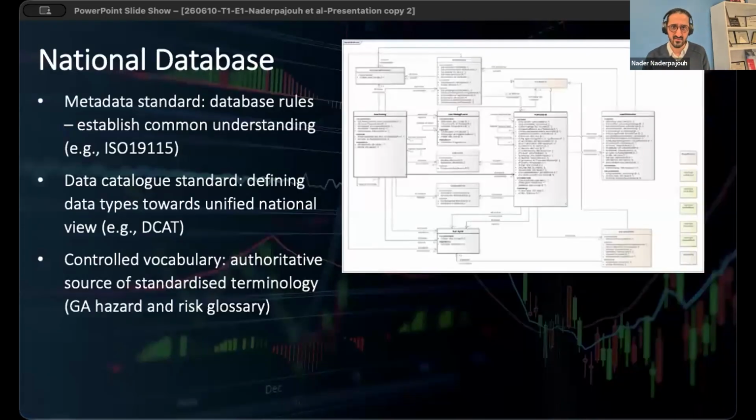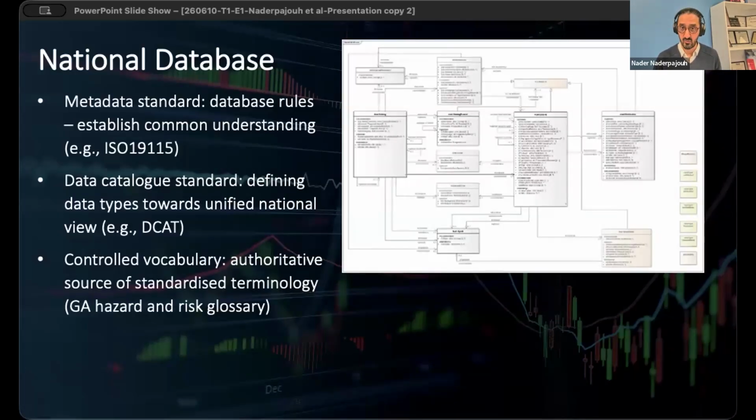So what we did at the start is to set infrastructure for any national database, which includes the metadata standard and also its vocabulary, the controlled vocabulary. And we proposed a commonly used standard.